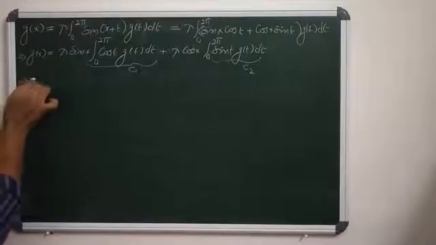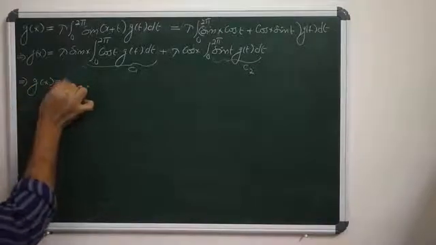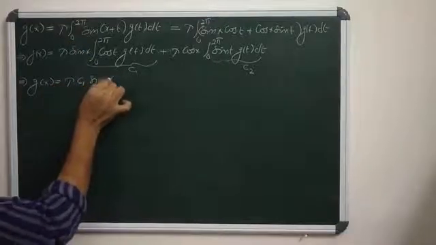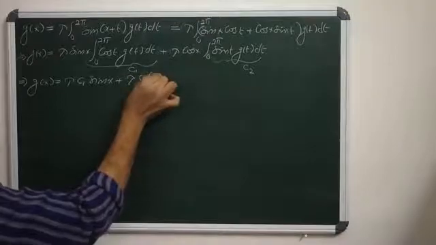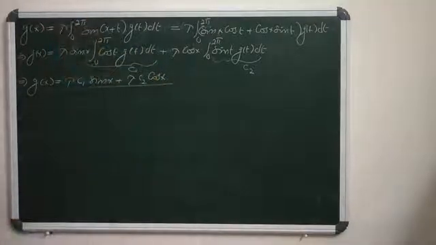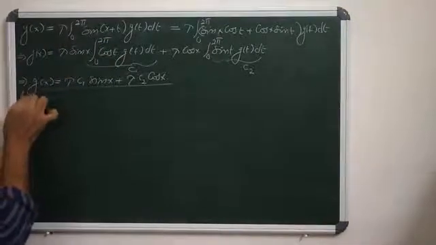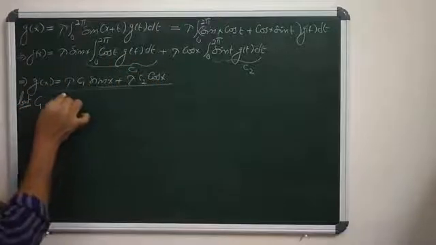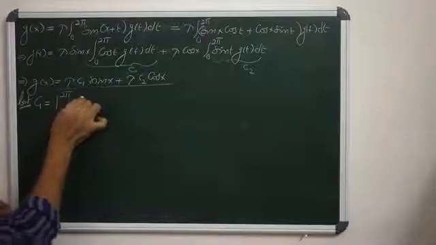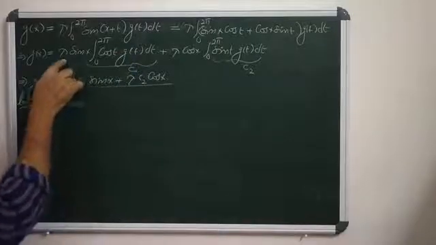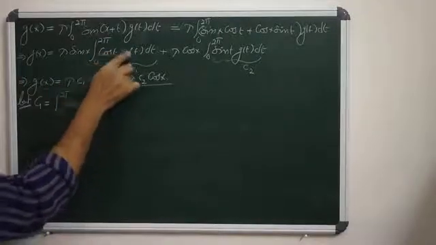So what is g of x? Thus g of x equals lambda C1 sin x plus lambda C2 cos x. Now what is C1? C1 equals the integral from 0 to 2 pi of cos t g of t dt.